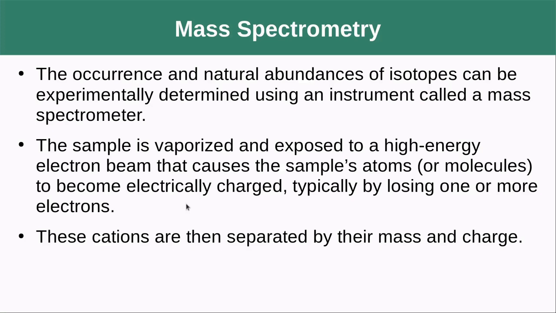The occurrence and natural abundances of isotopes can be experimentally determined using an instrument called a mass spectrometer. Basically, the samples are vaporized and then they are exposed to high energy electron beams, and it kind of removes electrons from the sample, making them charged, and then it's focused through onto a detector using magnets.